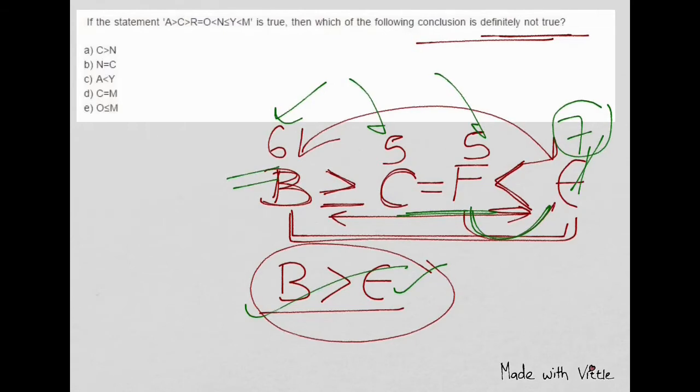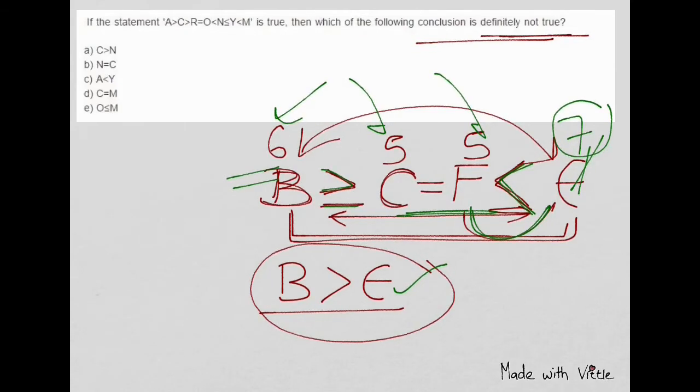So what do we learn from this? Whenever there is no relation between two of them, you will always say that it is not definitely not true. That is, there is a possibility. It doesn't follow definitely, but it's not definitely true. This is very important to understand. An easy way to grasp that logic is to see when the sign changes.